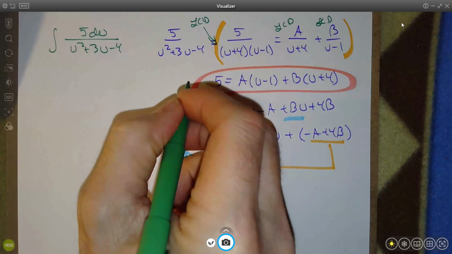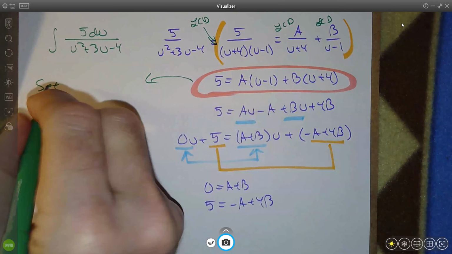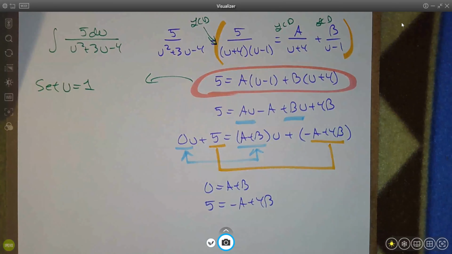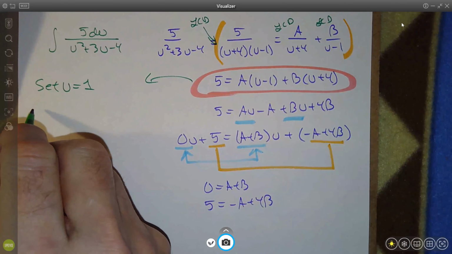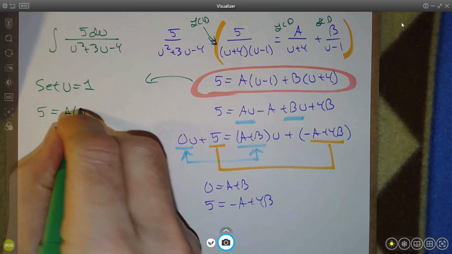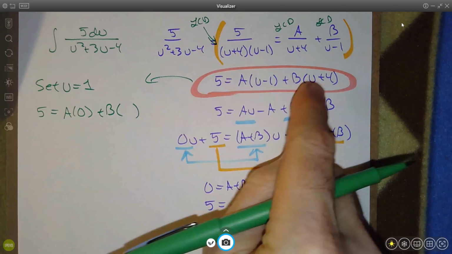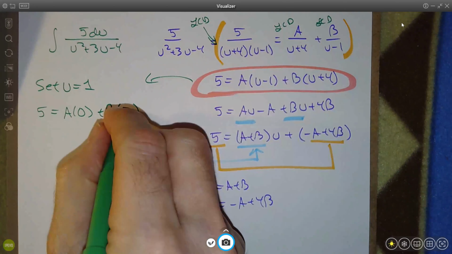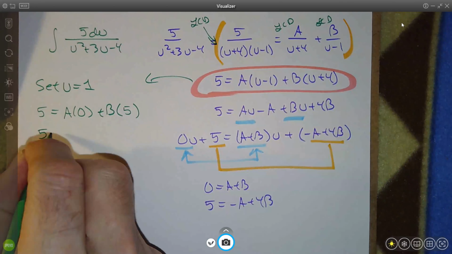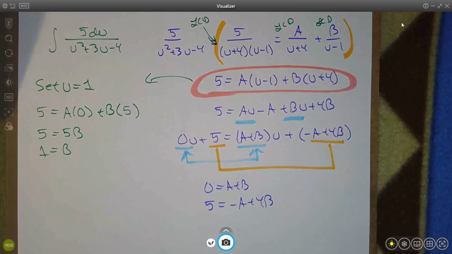How about if I set u equal to 1 in that equation? This is an equation that's true for all values of u, so in particular it's true for u equals 1. If I set u equal to 1, I get 5 on the left-hand side, but A times 0 on the right-hand side, plus B times 1 plus 4. So I get 5 equals 5B, so 1 is equal to B. Hey, that was nice.